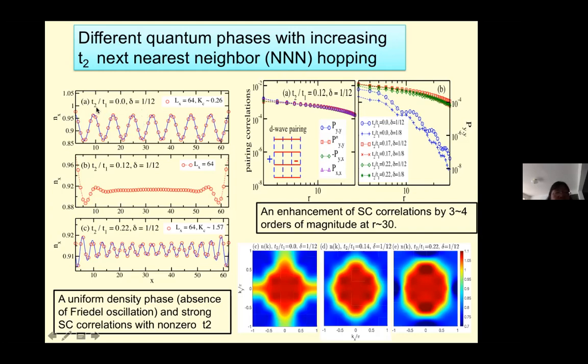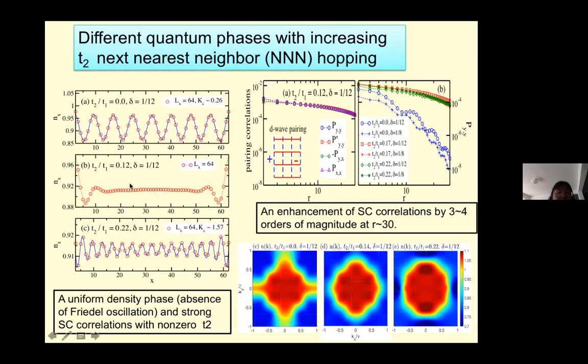Then we change T2/T1 from 0 to 0.12 and to 0.22. At T2 equals 0, the charge density pattern is very robust, in the sense that the amplitude of the oscillation does not seem to decay into the bulk, or it decays very slowly.